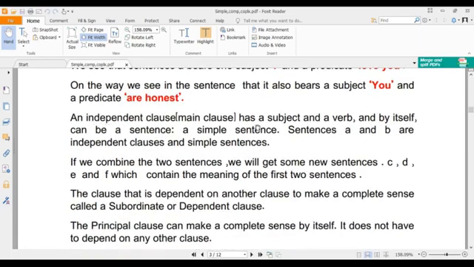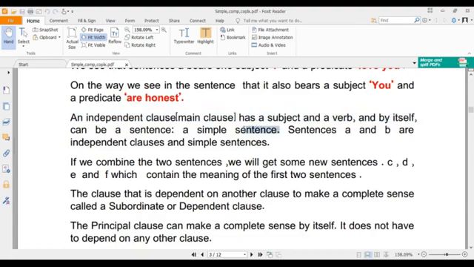An independent clause has a subject and a verb, and I have told you the verb will be a finite verb, and by itself can be a sentence, and it is a simple sentence.